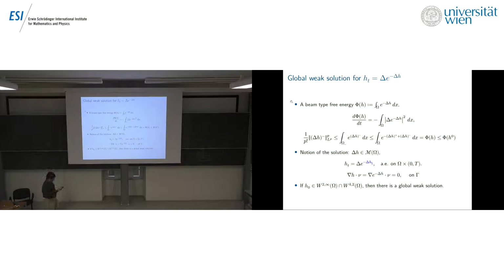Look at the equation itself, and there is another free energy. This free energy is a Boltzmann-type free energy, exponential minus Laplace h, and we have a very simple Gaussian flow. That means these are bounded.